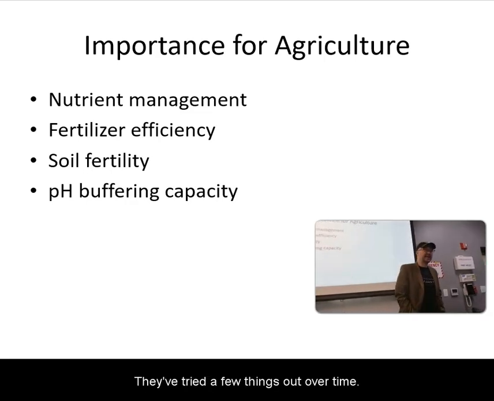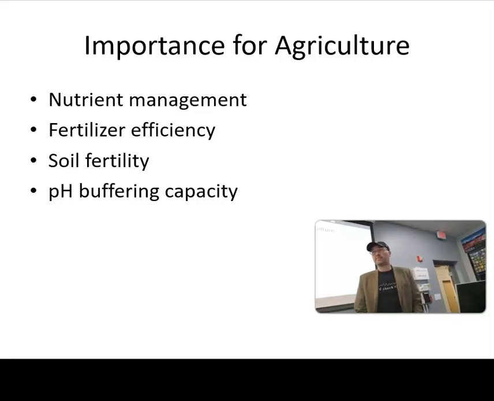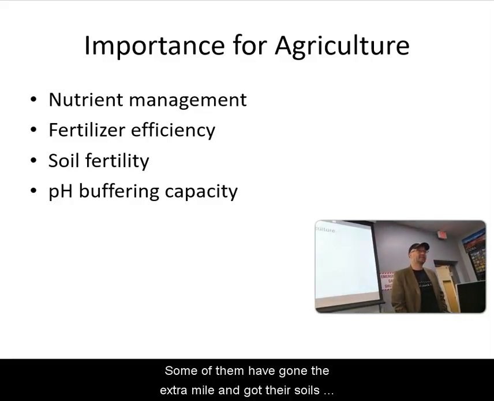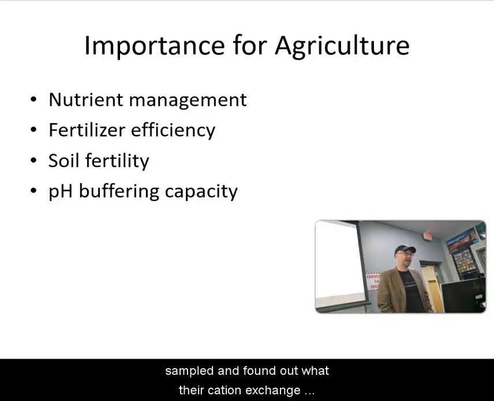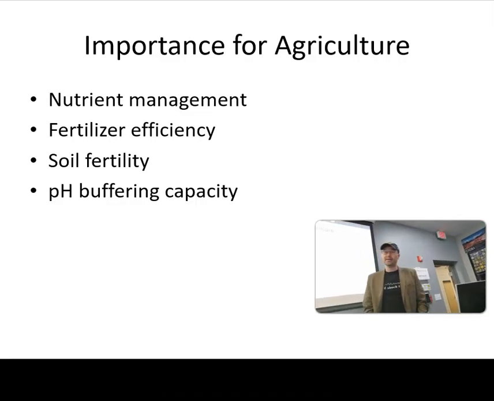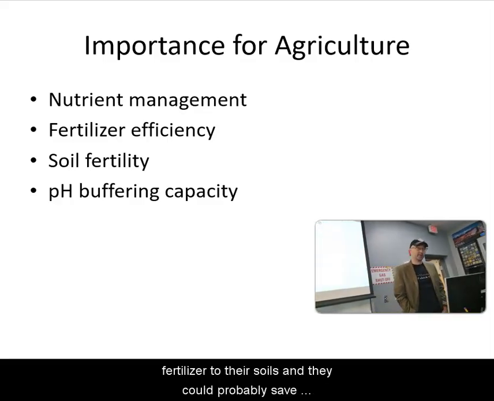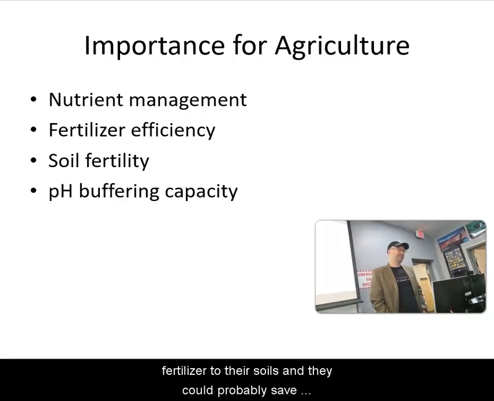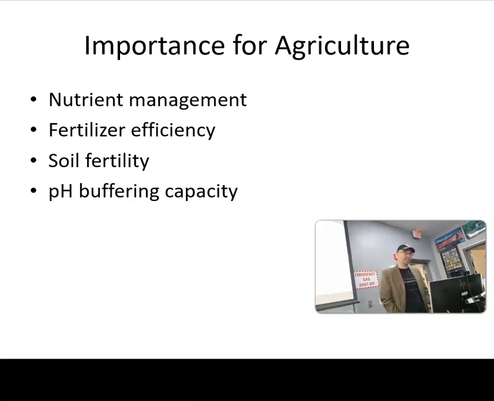They've tried a few things out over time. They've been around. They've figured it out. Some of them have gone the extra mile and got their soils sampled and found out what their cation exchange capacity is, and then adjusted their fertilizing appropriately. Most of them are probably adding way too much fertilizer to their soils. And they could probably save some money simply by fertilizing a little more often, but with less fertilizer.